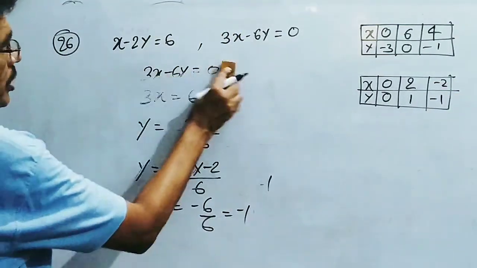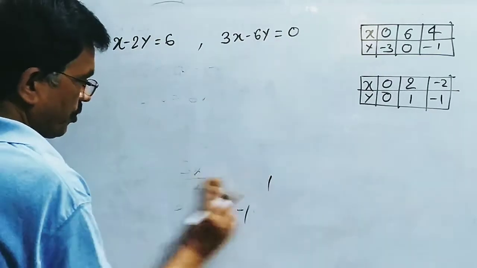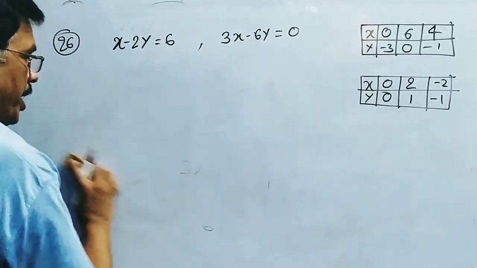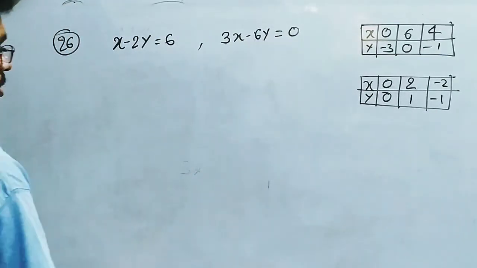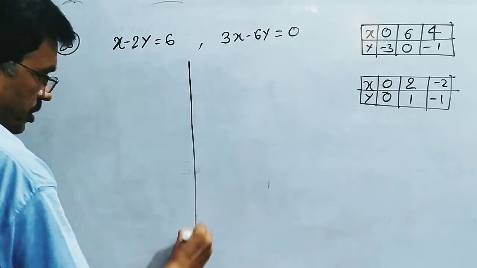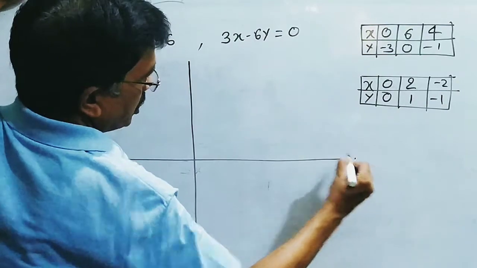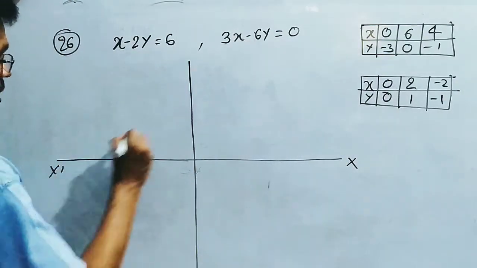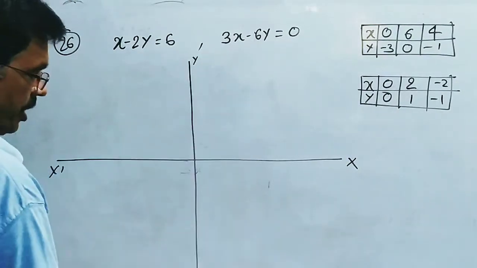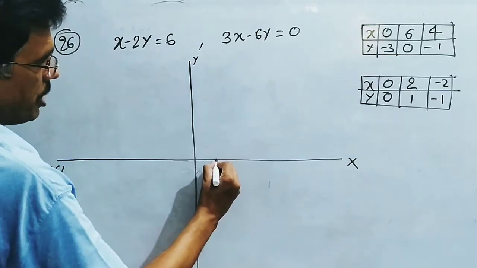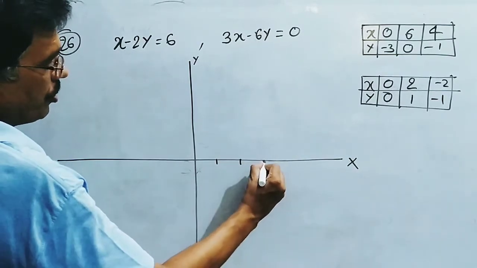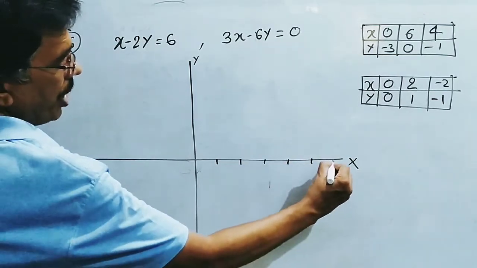And now you draw the graph. First you draw the axes, one horizontal and another vertical. The horizontal is called x dash, and the vertical y dash. Here you take steps 1, 2, 3, 4, 5, 6.